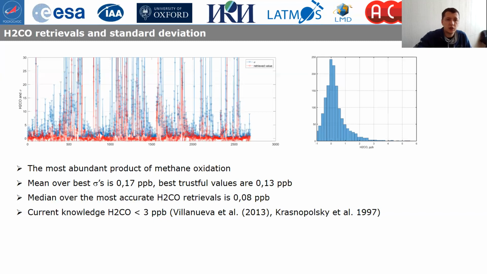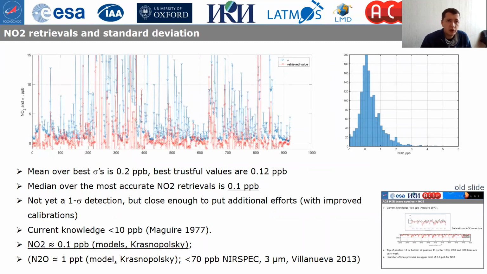Just it's not present. For the NO2, the story could be slightly more interesting because from the models, we expect that NO2 should be there, values of about 0.1 ppb. Our current knowledge is much higher, 100 times bigger, 10 ppb.